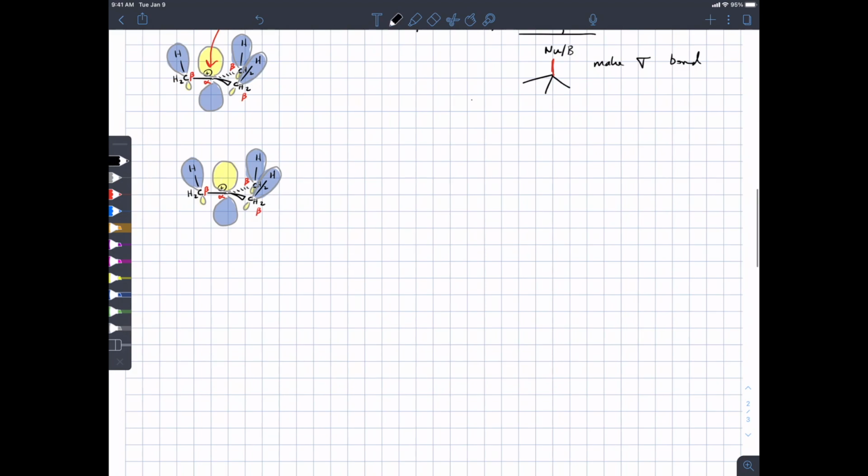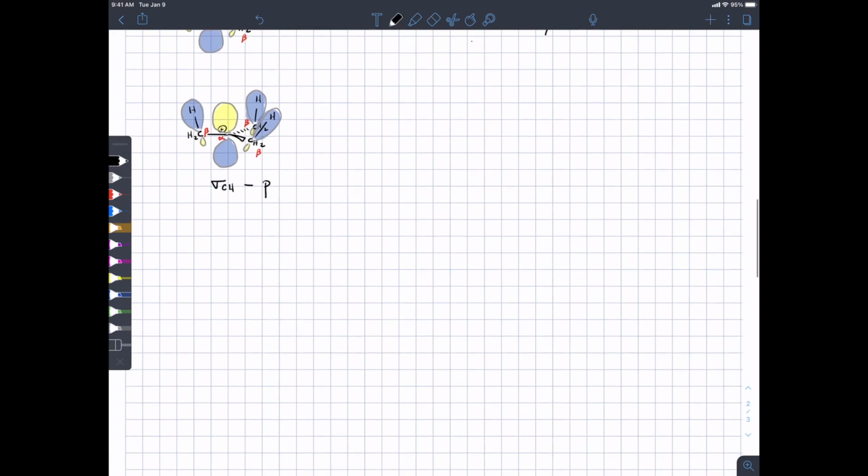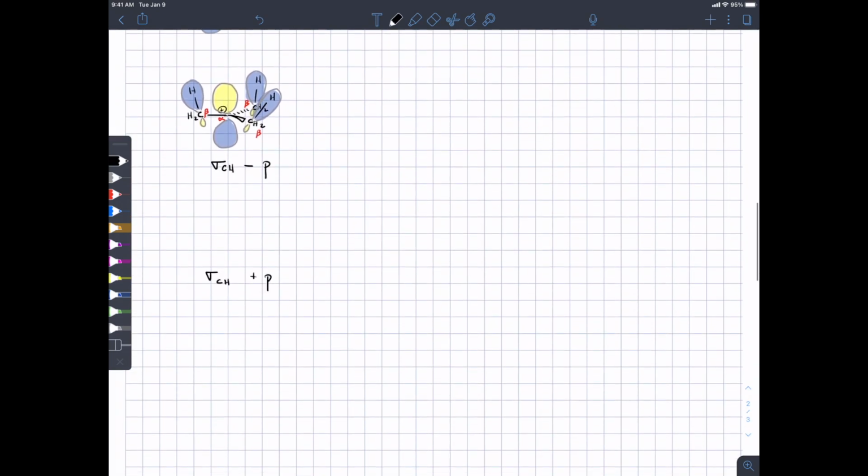And to see what happens here, it may be useful to not only think about the minus combination of the carbon-hydrogen sigma star on the beta proton with the empty p orbital, but also to consider what the plus combination looks like. This is what is happening to those electrons in the carbon-hydrogen bond because of hyperconjugation.